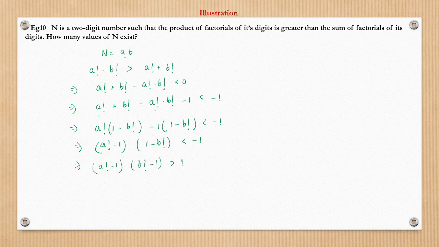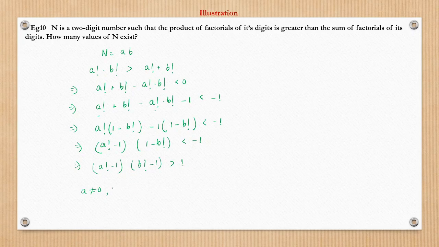And a is a two digit number, so a cannot be 0. From here we can say a not equal to 0 because a is a two digit number. Also a is not equal to 1, because if a is 1 then it will be 1 factorial minus 1, so 1 minus 1 is 0, and 0 into something will be 0.